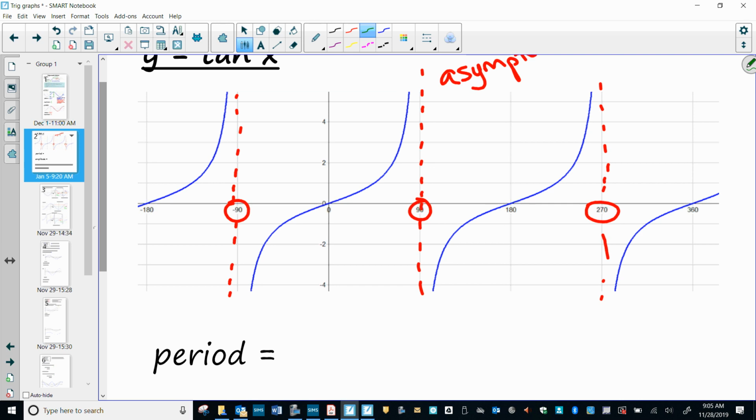It's under 180, okay, but I hear you. However, the asymptotes do repeat at 180. There's no asymptote after 180 because there's no gap?